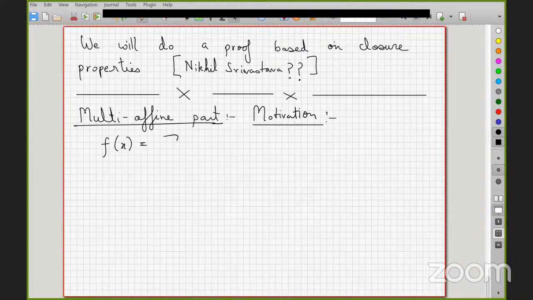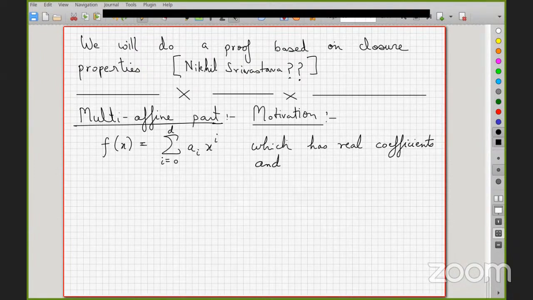So suppose I take a univariate polynomial f(x) which has real coefficients and is real rooted.